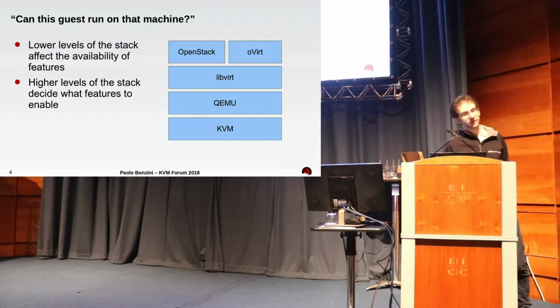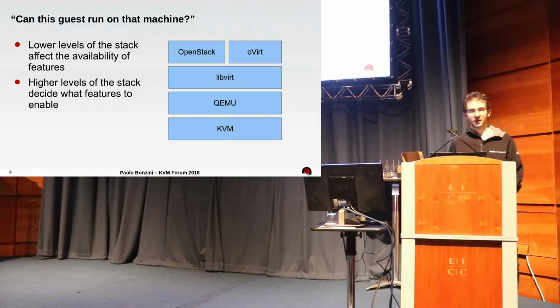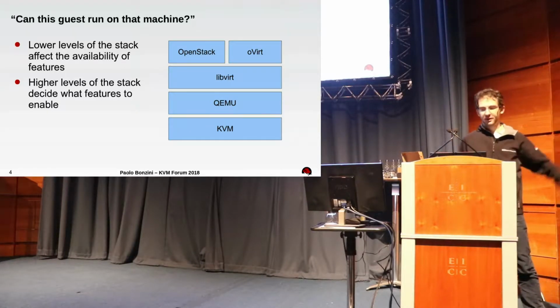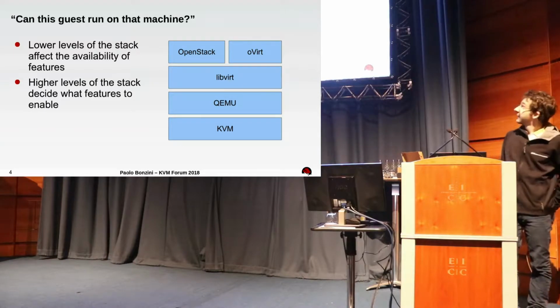If the hypervisor doesn't provide nested virtualization, there's nothing that QEMU, libvirt, OpenStack, or oVirt can do about it. If the processor doesn't support AVX512, there's nothing that KVM, QEMU, libvirt, oVirt, and OpenStack can provide. So basically, the lower levels are the ones that are the bosses and decide whether a feature is available or not.